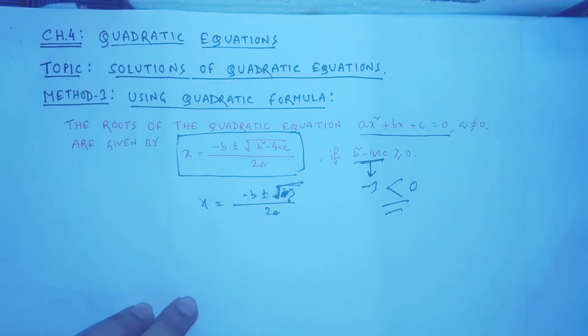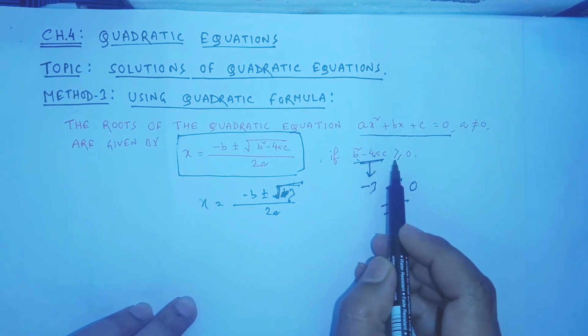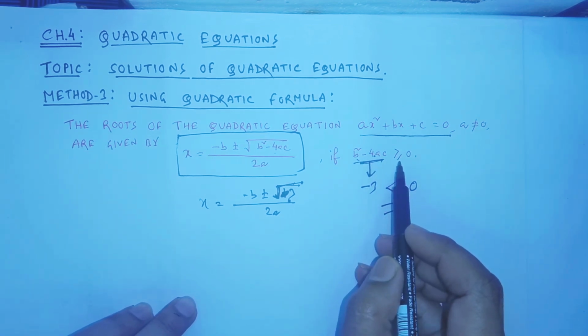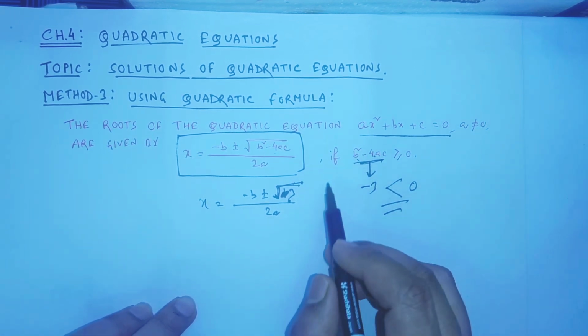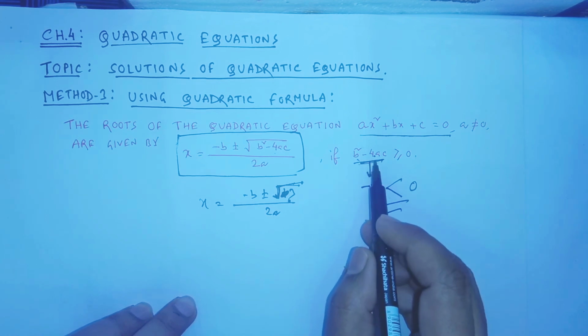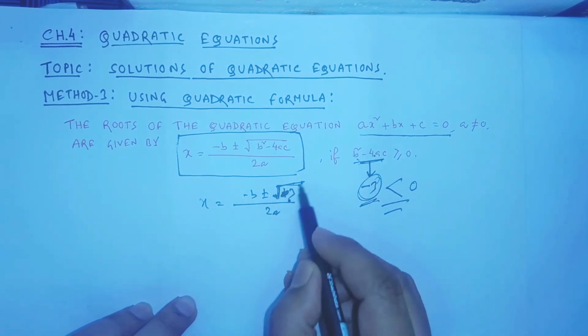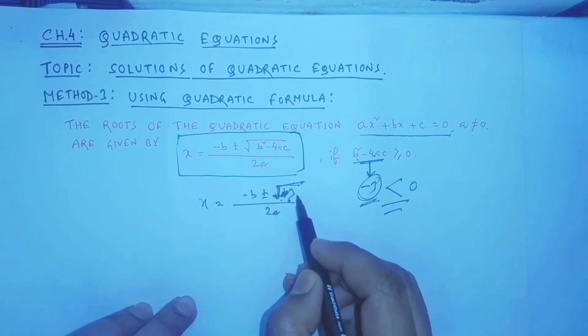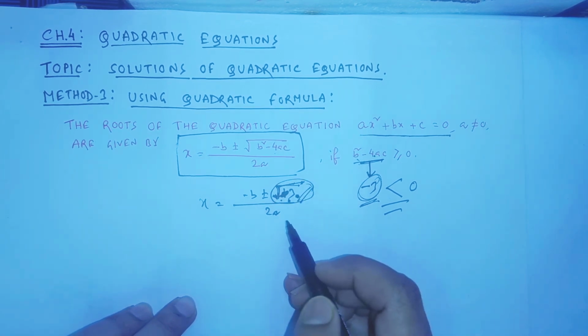So while solving a quadratic equation using this formula, we will always first see whether b square minus 4ac is greater than or equal to 0. If it is, we'll solve the equation because we'll get real roots. But if it is less than 0, for example minus 3, then the square root of minus 3 is an imaginary number, so it's not real. That means the real root does not exist.